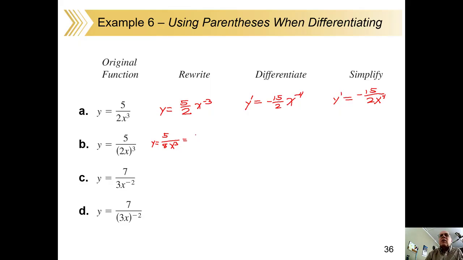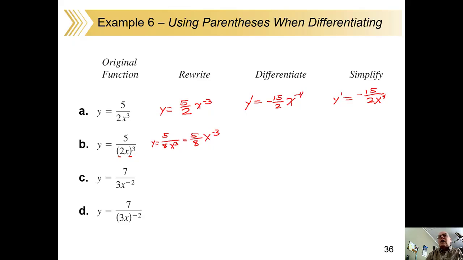Rewrite this so it's ready to go. We've got 5/8 x to negative 3. Notice the difference on the top. It's different because of these parentheses.